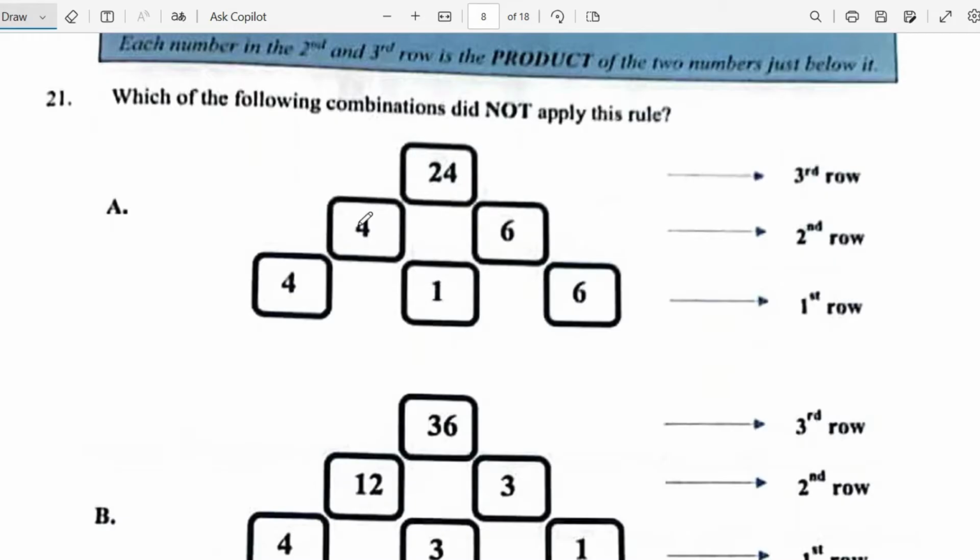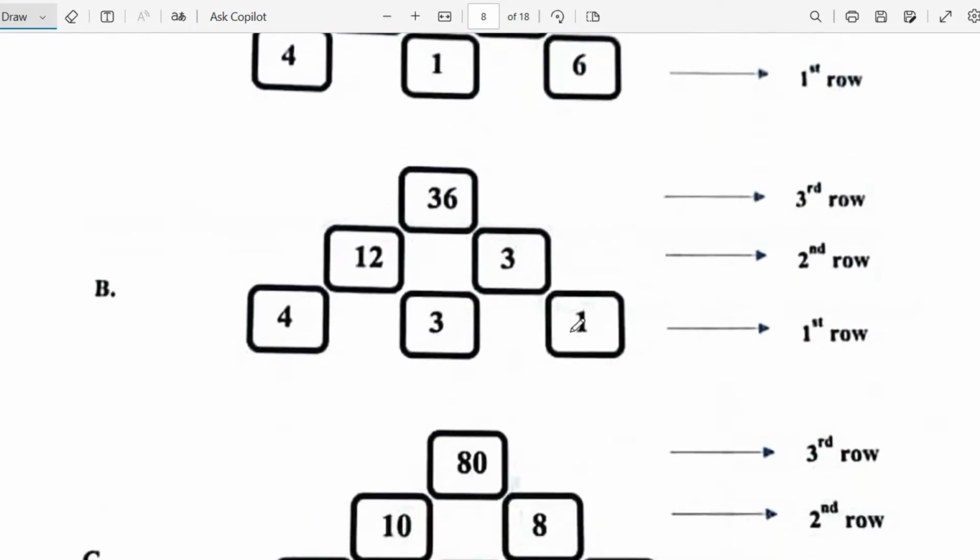So here we can see 4 times 6 is 24. 4 times 1, 4. 6 times 1, 6. So that applies. 4 times 3, 12. 3 times 1, 3. 12 times 3, 36.